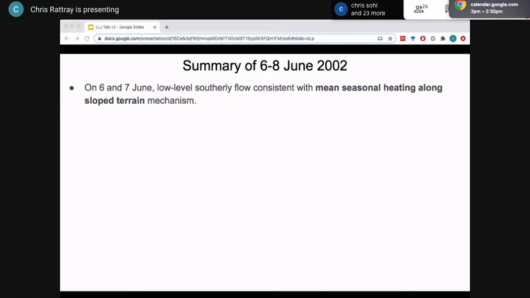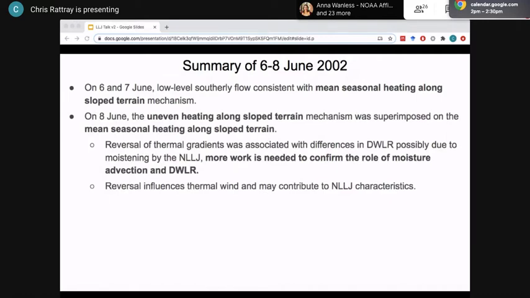So just a quick summary of the first few days. On the 6th and 7th, southerly flow was driven by heating along slope terrain. On the 8th, we had uneven heating along slope terrain due to differences in downwelling longwave, and these gradients were associated with changing moisture along the slope.